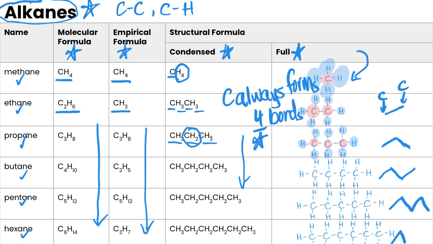And then 1, 2, 3, 4, 5, 6. Whoops, I got one too many there. Let's erase that one. Perfect. So those are all the skeletal formulas. But for IB, you do not want to draw those as your diagrams. You're sticking with full or condensed structural formulas.